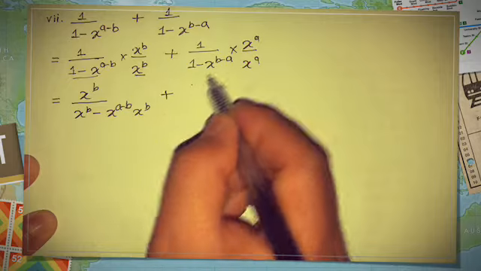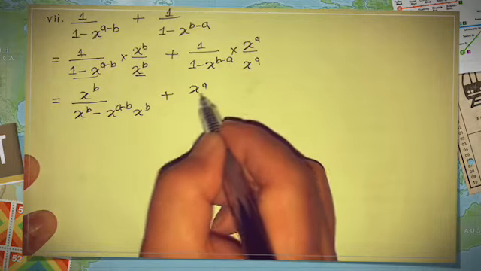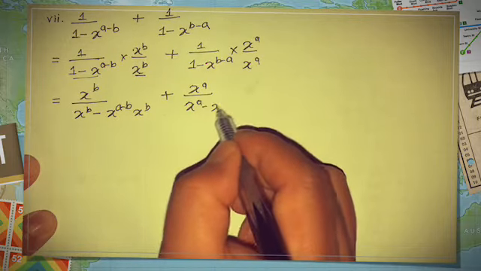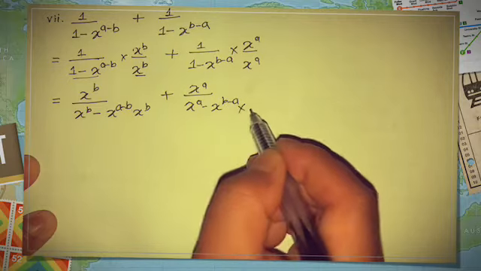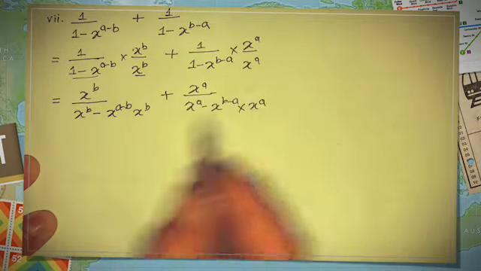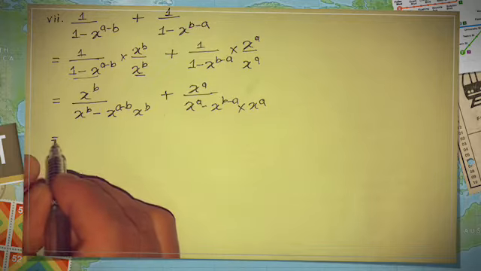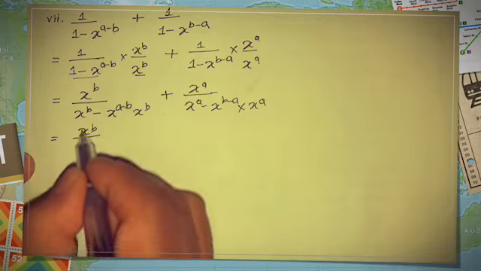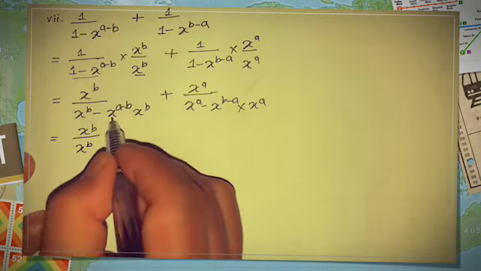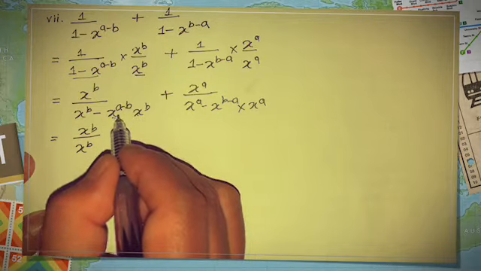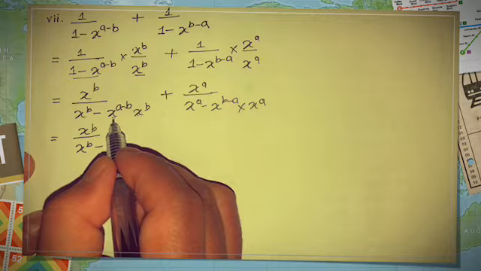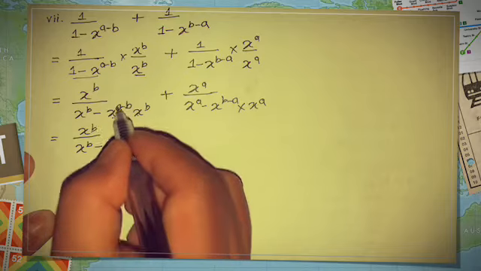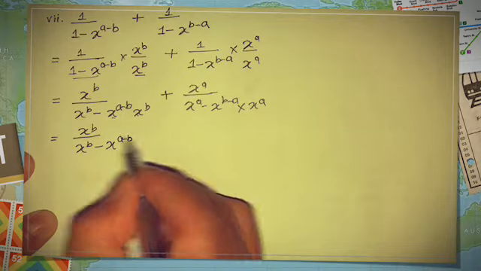Same way this also, x to the power a, and x to the power b minus a multiplied by x to the power a. Here the x bases are the same, and we can apply the law of multiplying indices. So according to the law of multiplying indices, their powers will be added.